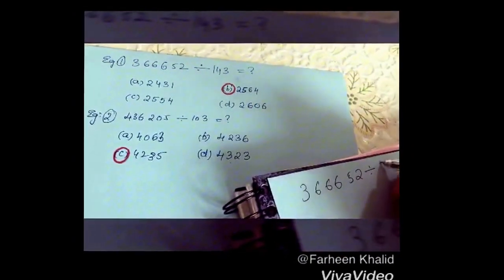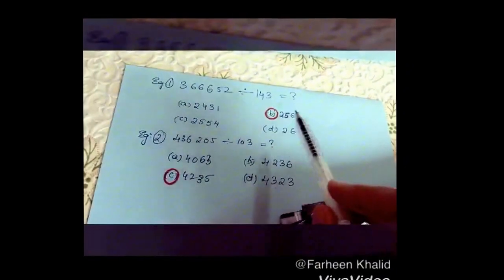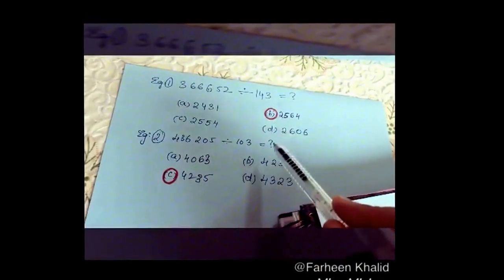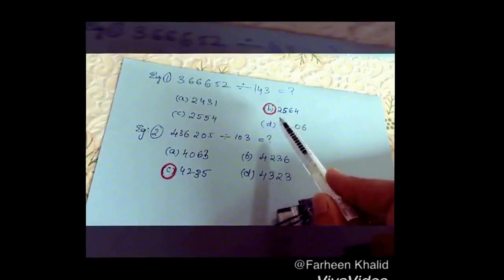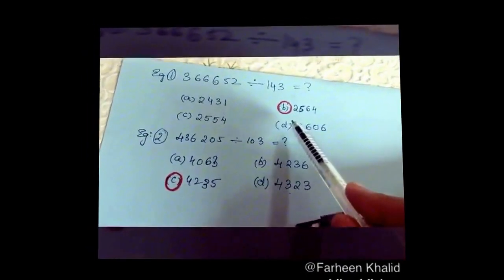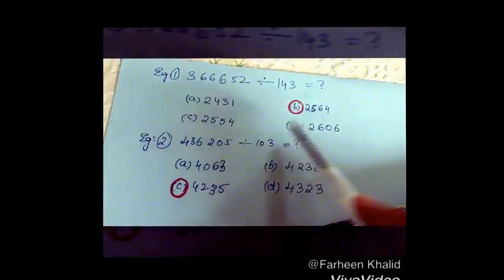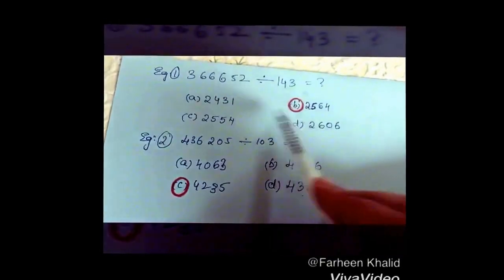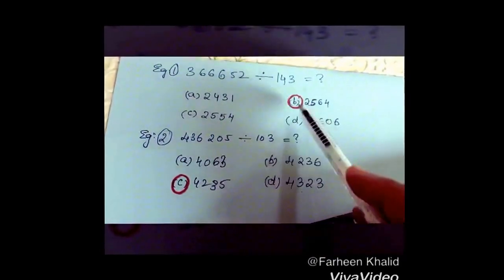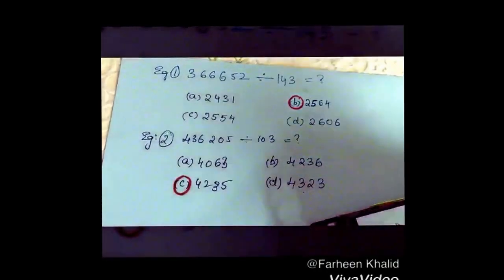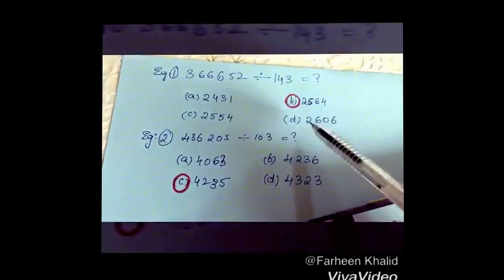You can see there are 4 options here, and it's very difficult to find the exact answer even by taking the first 2 digits, because there are answers which are close to each other. All right, so let's see how we can do this easily.